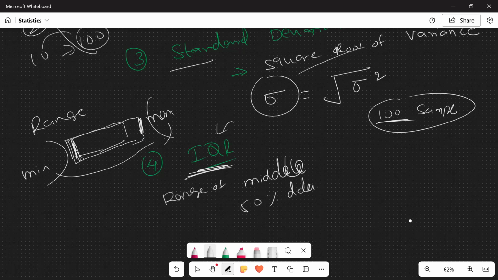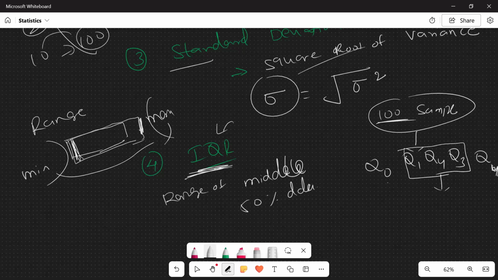Clear? So what I'm doing is splitting my 100 samples into 5 data points: Q0, quartile 0, Q1, Q2, Q3, and Q4. If I take the 50 percentile of the data, we consider only the range between Q1 and Q3.